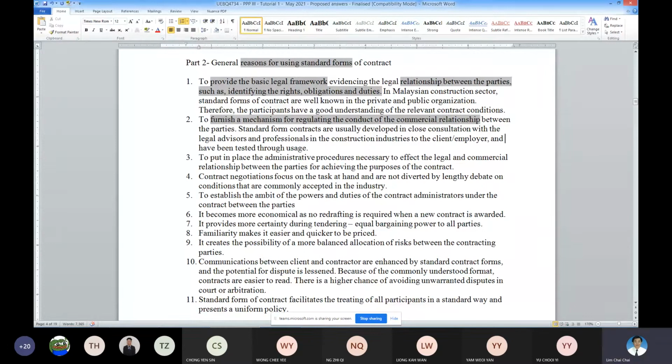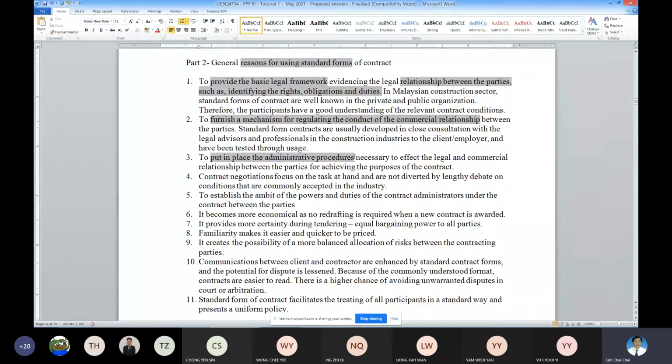put in place administrative procedures. Okay, so when you carry out your project implementation, you must understand the administrative procedures. What are the procedures that you need if you want to apply for extension of time?